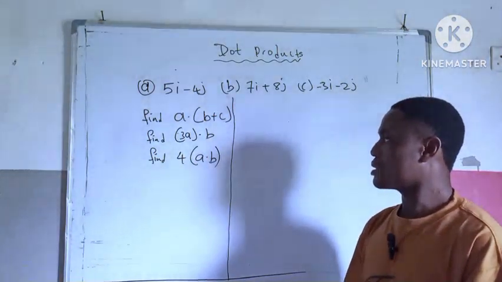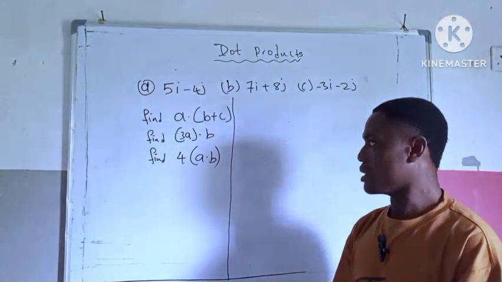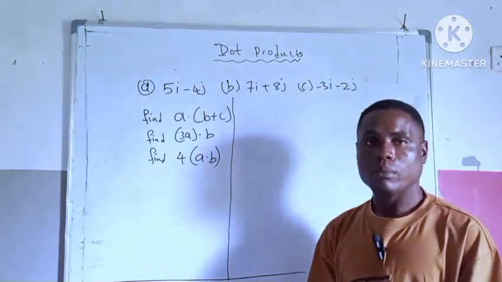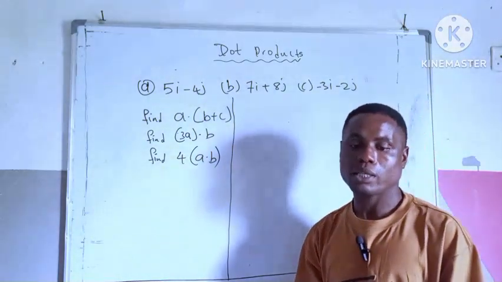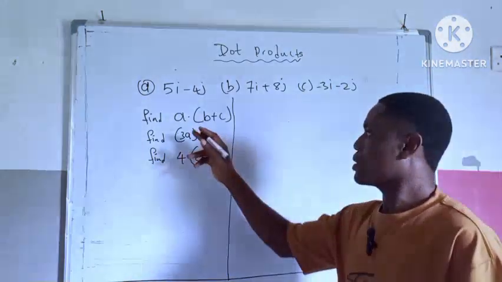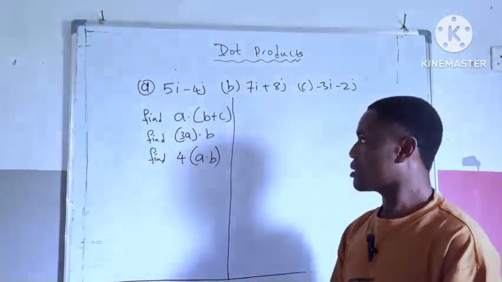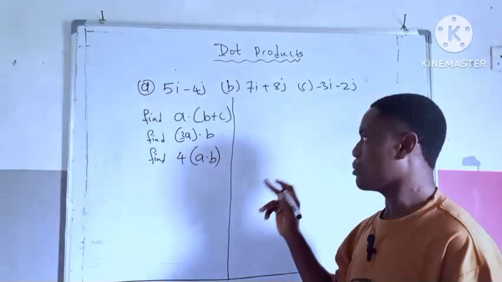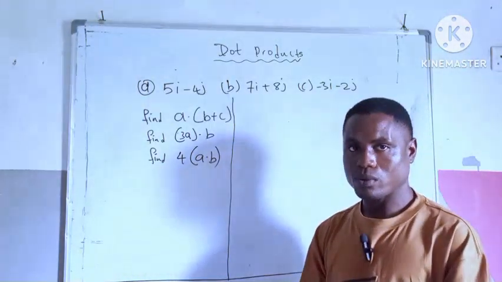Number two, we are asked to find 3a dot b. Last, we are asked to find 4 bracket open a dot b bracket close. Okay, let's start from the first one: find a dot bracket open b plus c bracket close.